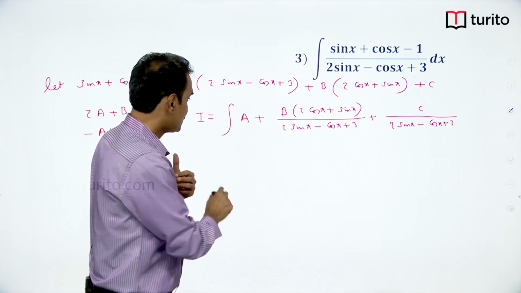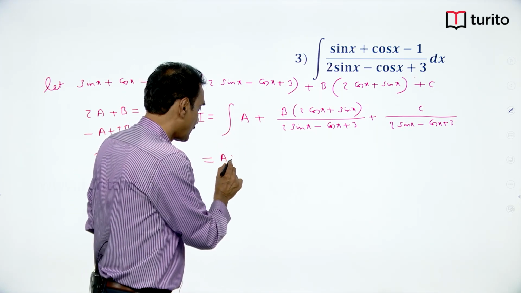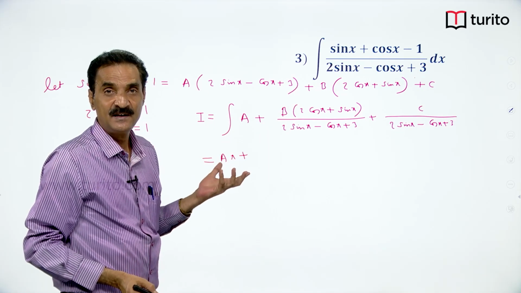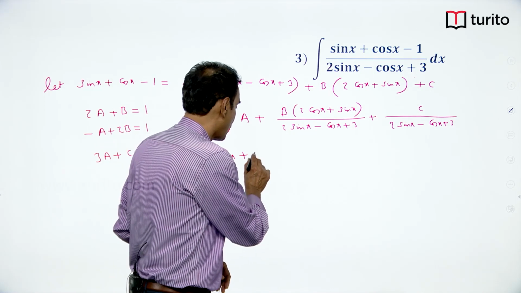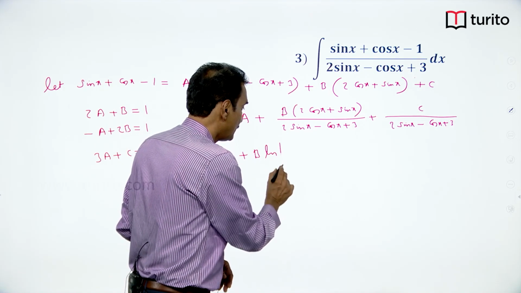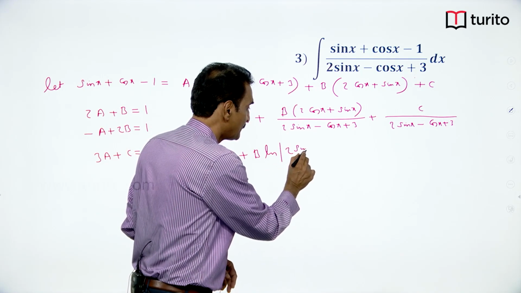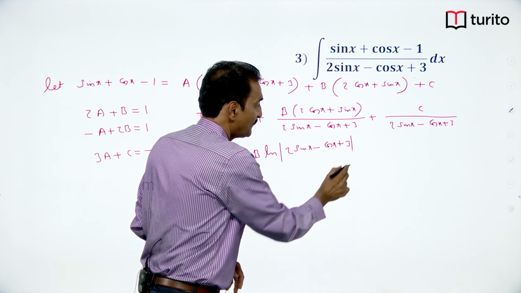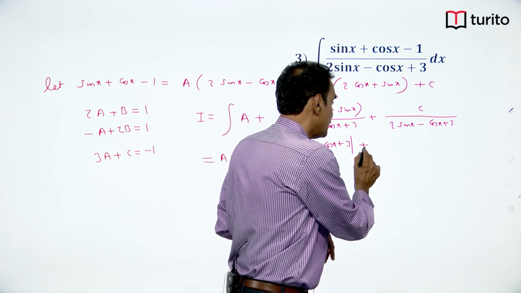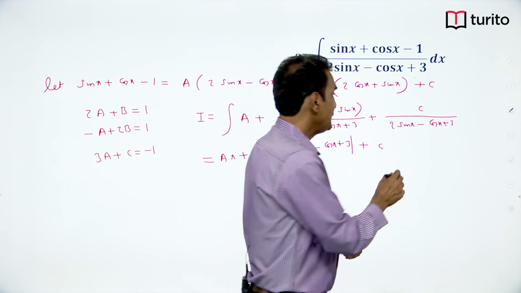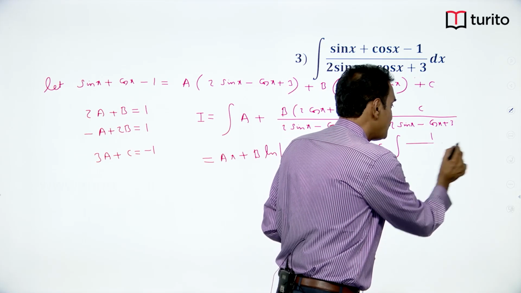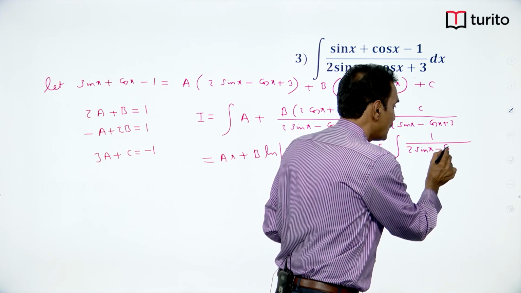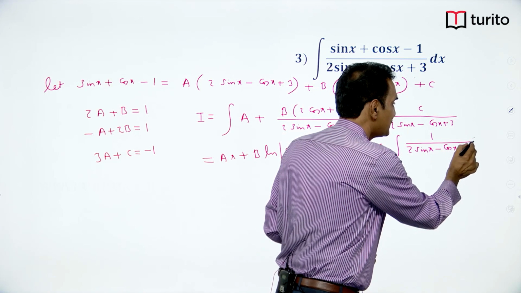This is ax. What is this? f dash x by fx. The integral is log mod fx. Plus c into the integral of 1 by 2 sin x minus cos x plus 3 dx.